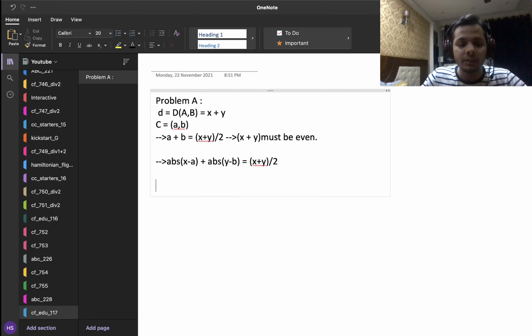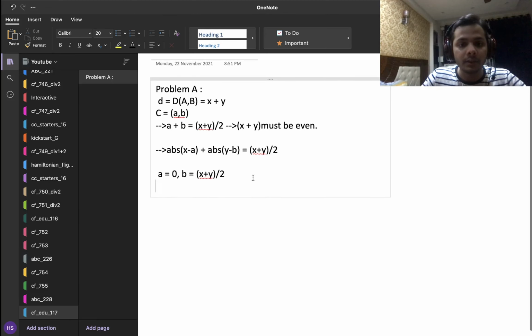One of the solutions is you take small a equal to 0 and small b equal to (x plus y) by 2. You can see that this equation is being satisfied there. And you can either take small b equal to 0 and small a equal to (x plus y) by 2.